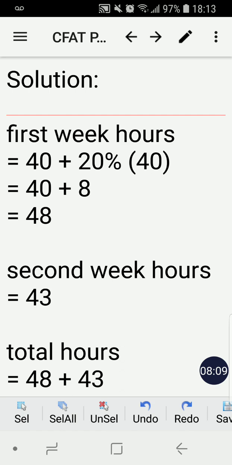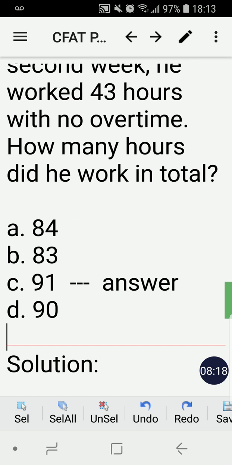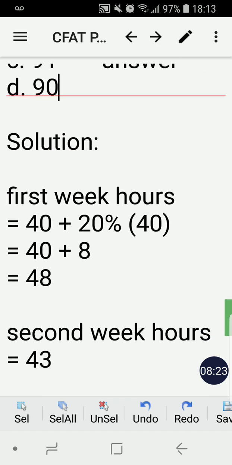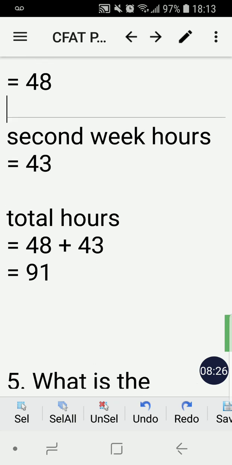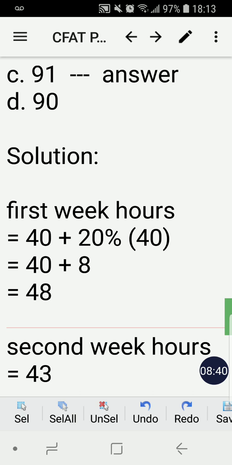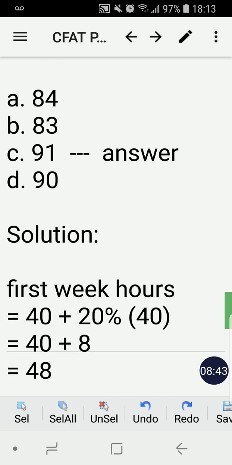We then add 8 to 40, we get 48. That's the first week hours. The second week, there is no overtime, just 43 hours. We then add 48 plus 43, we get 91 as the total hours that Adam worked. So 91 is letter C.